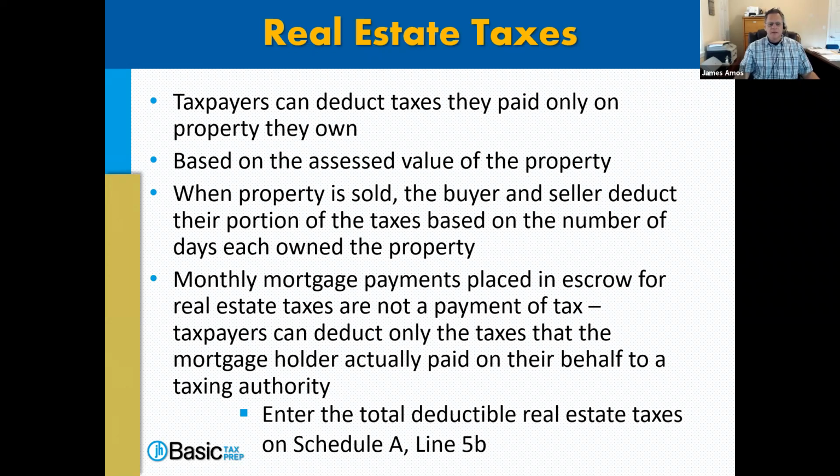Monthly mortgage payments that are placed in escrow: taxpayers can deduct only the taxes that were actually paid. What they're talking about is escrow. When you buy a house, you might or might not use escrow. Escrow means making sure taxes and insurance get paid.